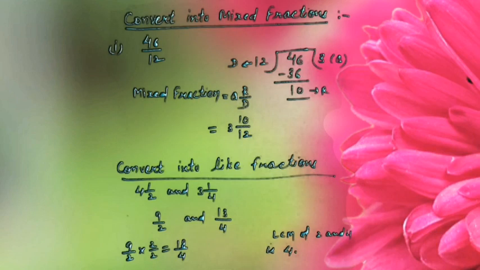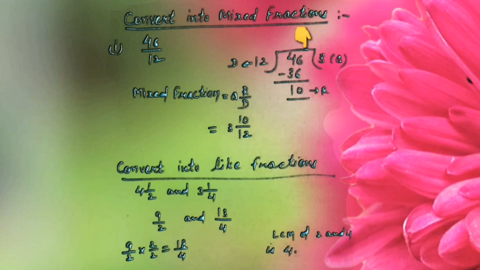So next is convert into mixed fractions. How we have to change the given improper fraction into mixed fraction. So here, example 46 by 12. This is an improper fraction because numerator is greater than denominator. So firstly divide it. While dividing 46 by 12, 12 3s are 36.